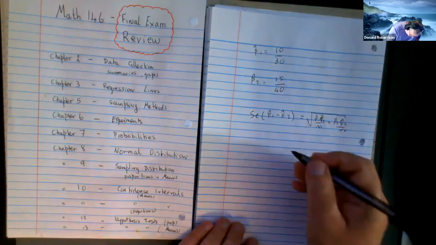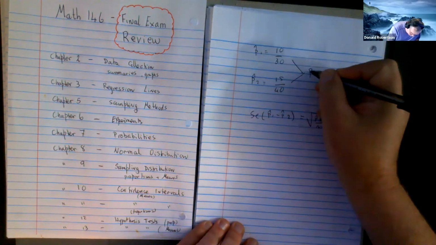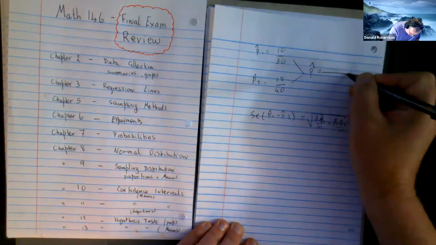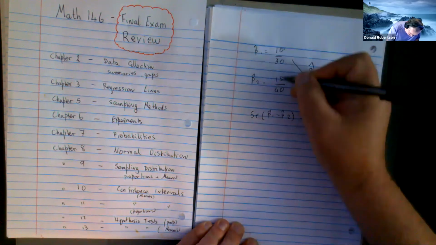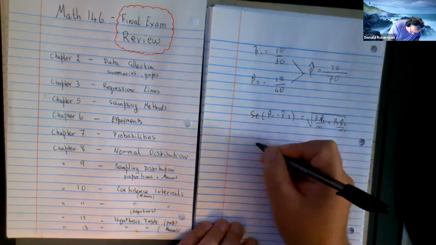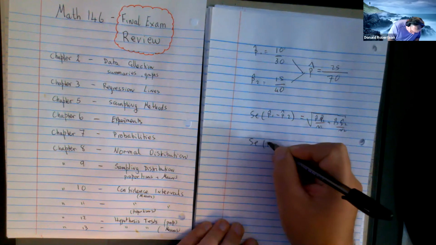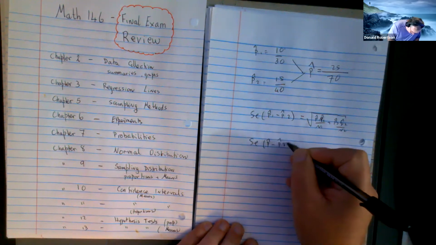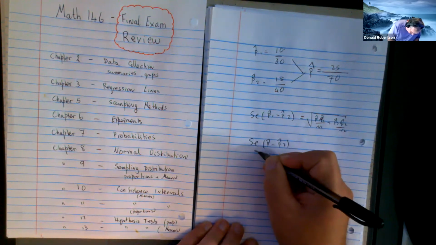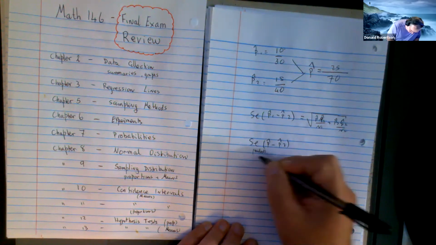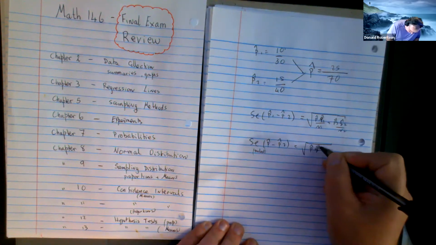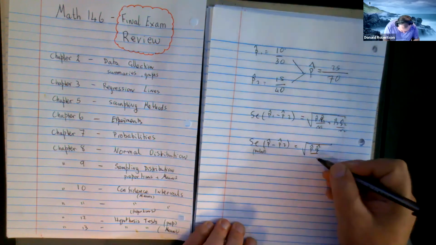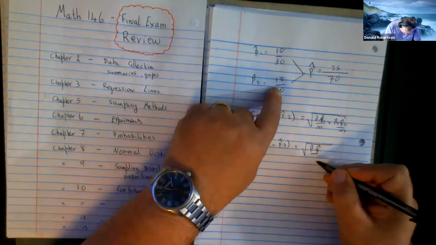When you pool, you have a new guy called p̂, and basically you add the number of successes and you add the total number, and that's the new guy. When you do a p̂1 minus p̂2 standard error using pooled, the formula becomes the square root of P̂ Q̂ over n, and n is now the combined total of 70.